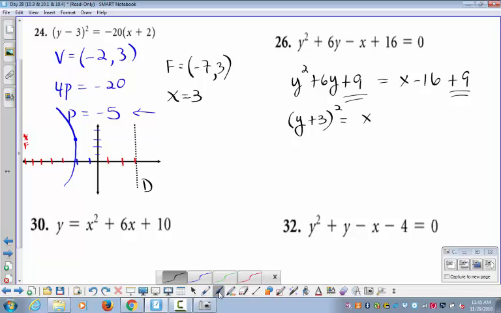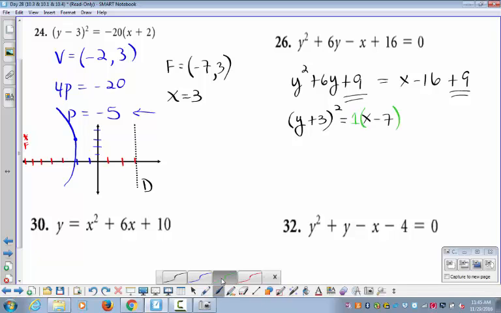That's going to be x minus 7. Now I'm going to do something with parentheses here. Hopefully that's a little clearer. I want it to be pretty obvious that the coefficient of the linear quantity is 1.